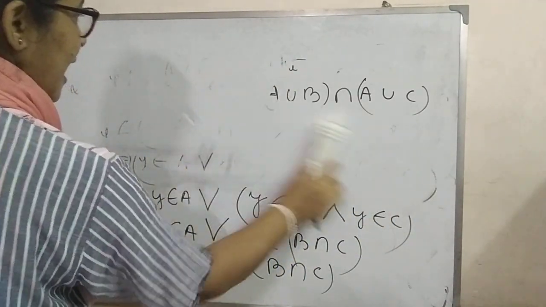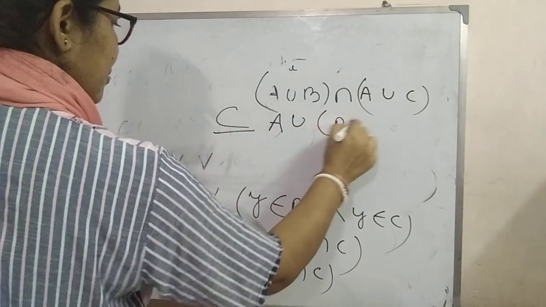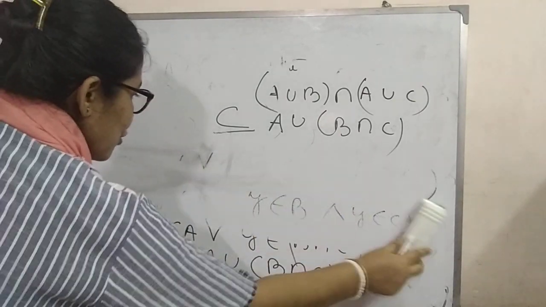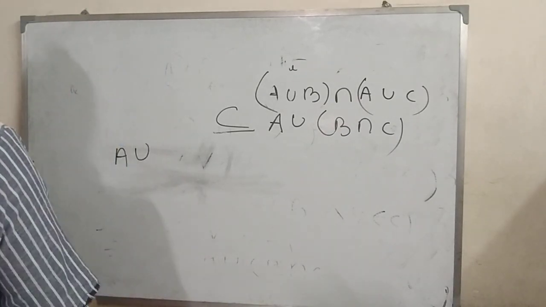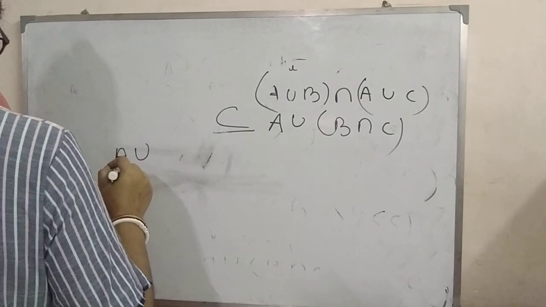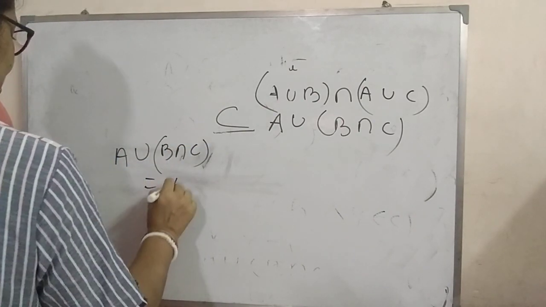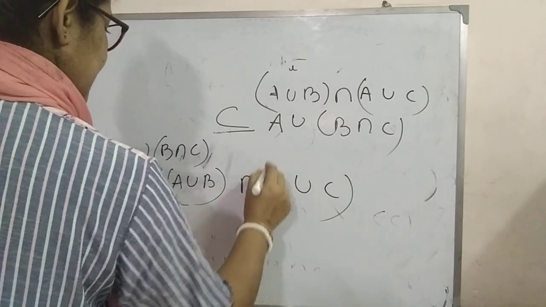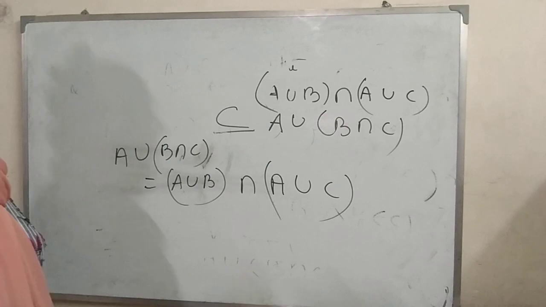That means this is a subset of A union (B intersection C), and from the two proofs I can write A union (B intersection C) is equal to (A union B) intersection (A union C). Okay, hence proved. Now I am ending here.